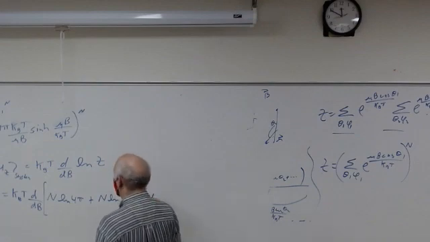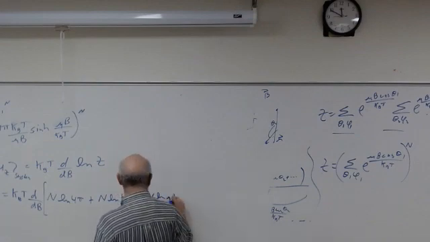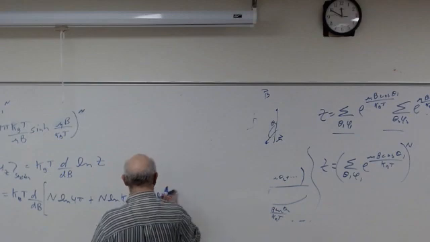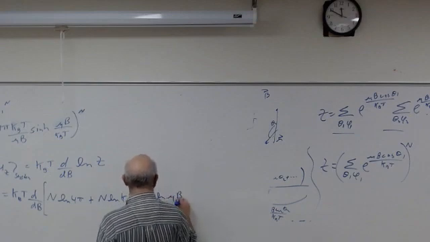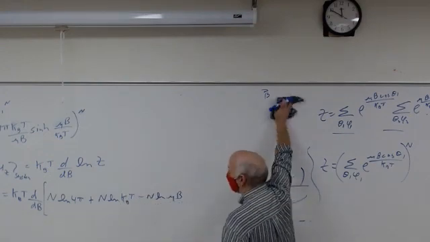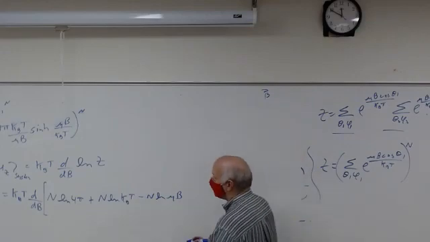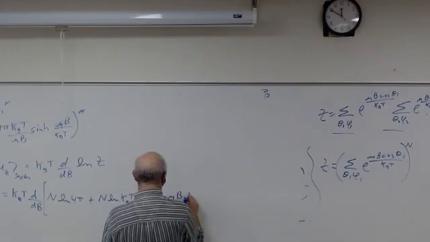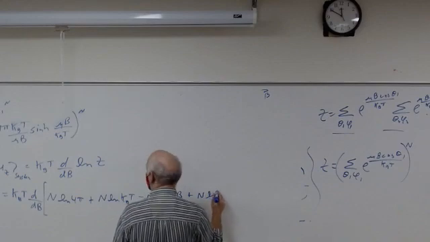Minus n ln mu B. It'll just be easier to work with it this way. Plus n ln of the hyperbolic sine. Yep. And there's nothing you can do with that piece.